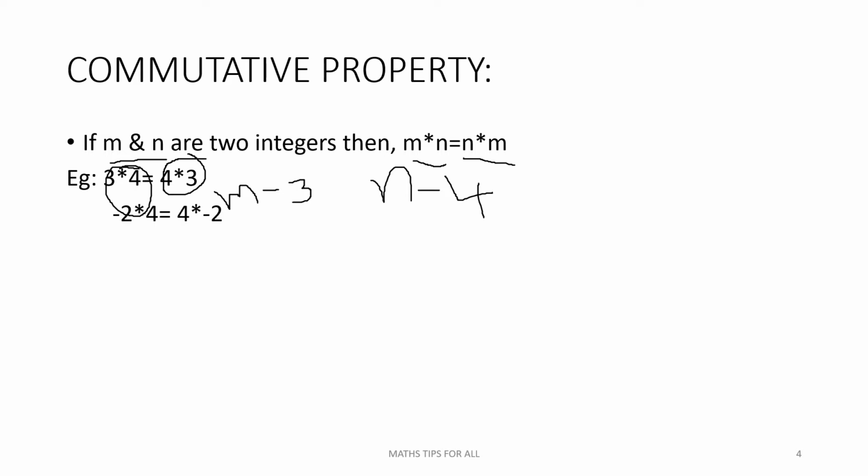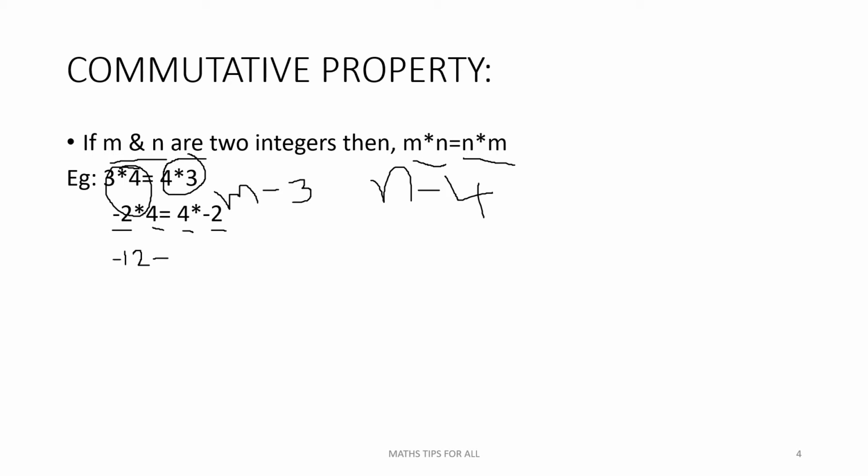Let's take the other example, where we consider m as -2 and n as 4. Here when we multiply -2 into 4, it is equivalent to 4 into -2. So what is the answer?